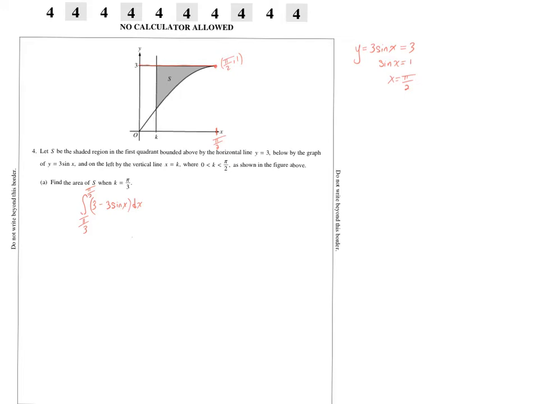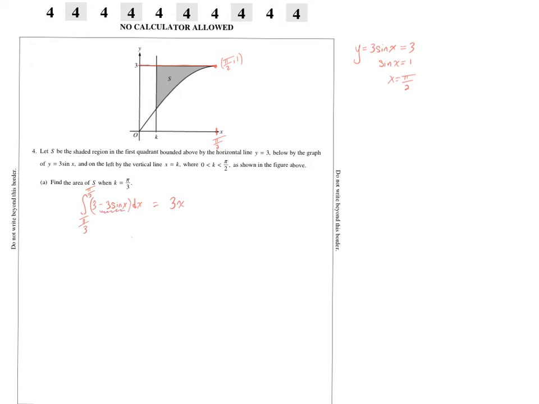The integral of 3, of course, is just going to be 3x. And then we've got minus 3 sine x. Sine integrates to, well, the derivative of cosine is negative sine, and that's kind of what we have here. We have a negative 3 sine.